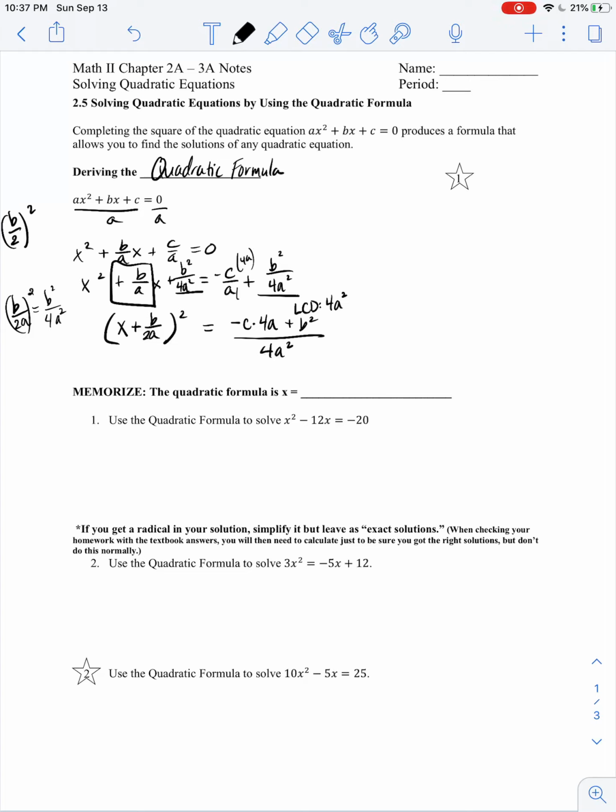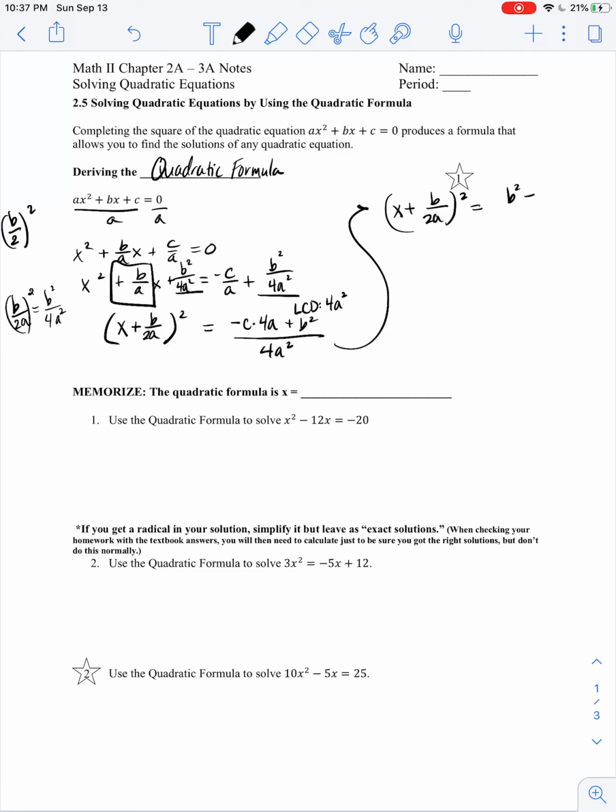So I'm multiplying by 4a over 4a. And then from here, I'm going to bring it over here. We've got x plus b over 2a squared equals, and I'm just going to change the order.